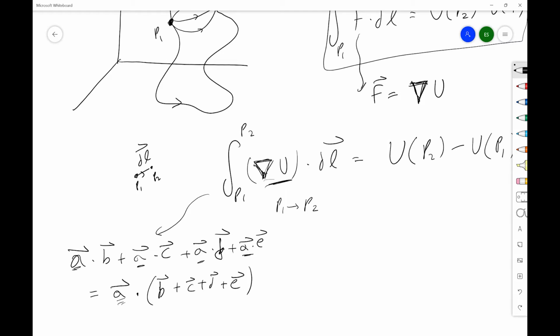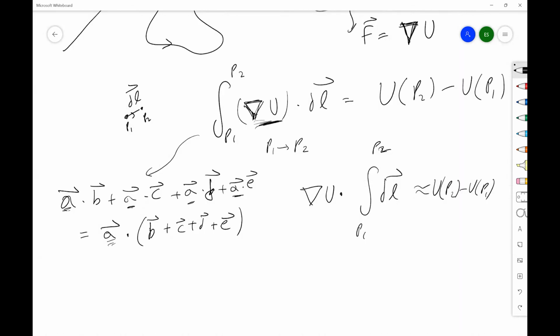Because they are close to each other, this becomes constant, like this constant A, multiplying some terms, so I can take it out. So I can take gradient u out and dot it with the integration of dl from P1 to P2, which approximately equals u(P2) minus u(P1).